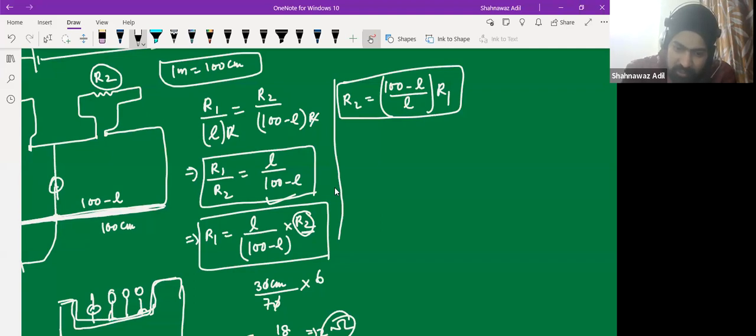So that is R2. And then they have made the table, right? So then R2 would be (100 minus L) by L into R. Did you check that table? In here they are getting 1.3, right? So this is how things work. Is it clear? Yes, sir.